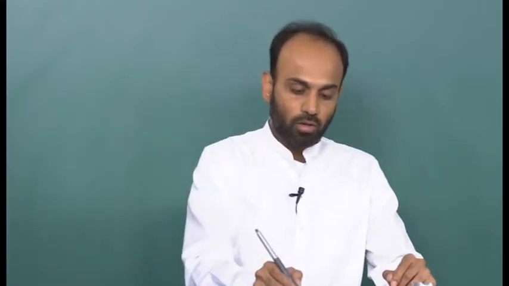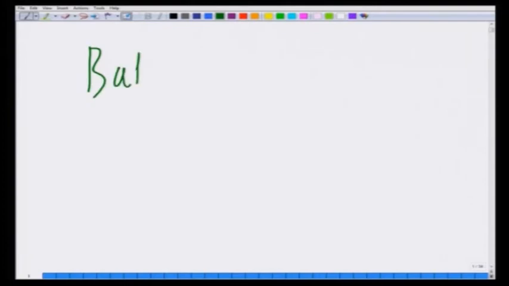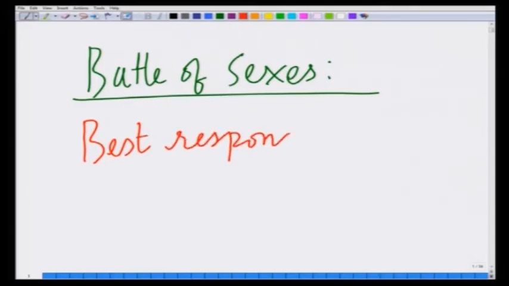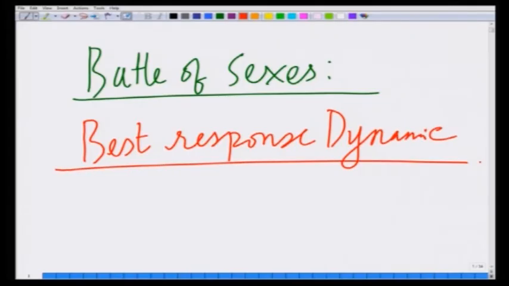Now in this module, let us start looking at another aspect of the mixed strategy Nash equilibrium in the battle of sexes game. Let us try to look at the battle of sexes game in terms of a best response dynamic, right, so that we try to understand it a little better.